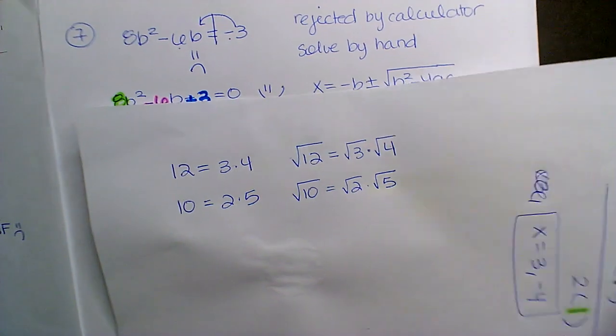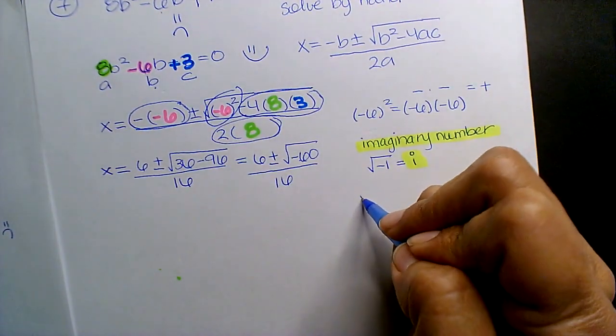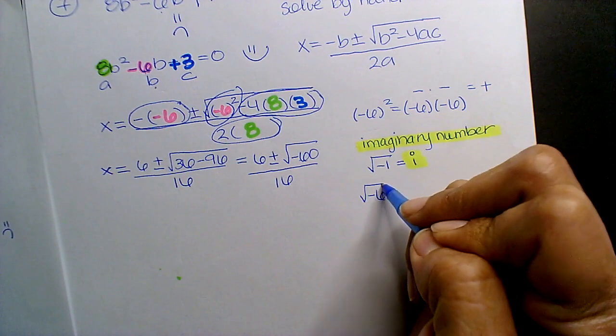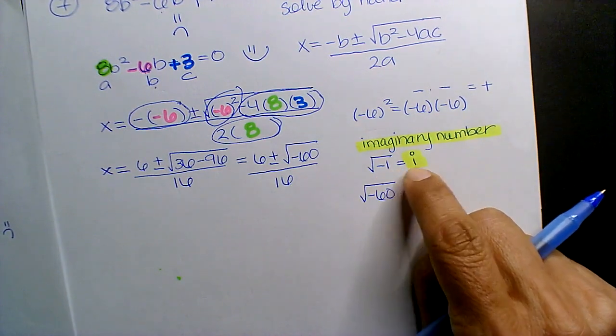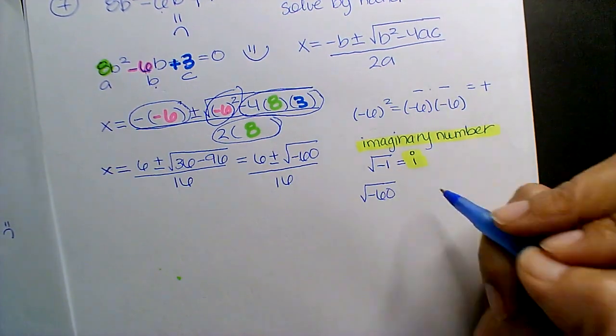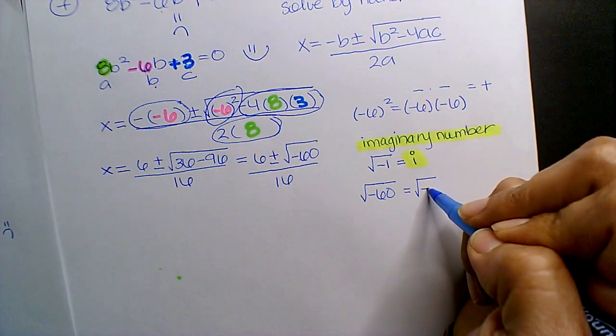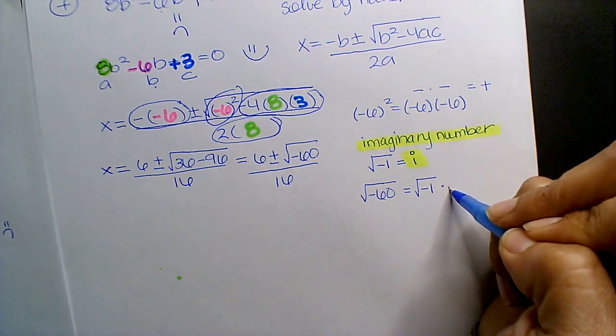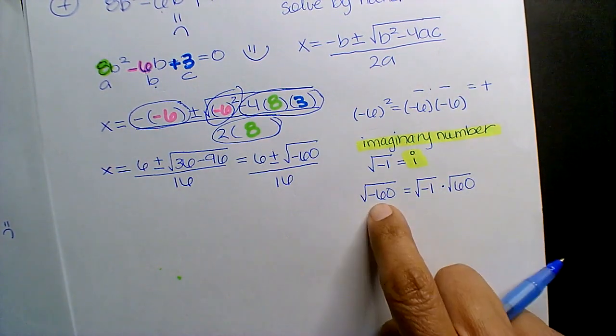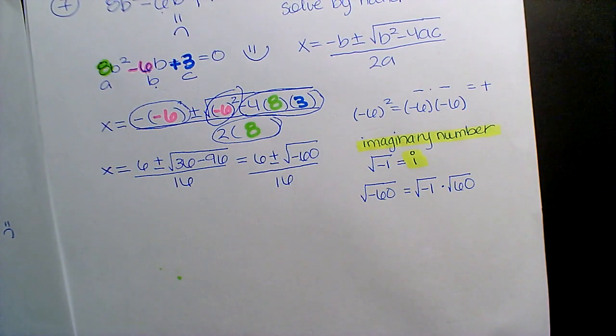So if you guys have rad -60, and you know rad -1 is an I, you can say rad -1 times rad 60 is equivalent to radical -60. Yeah? So manipulate it. Take out the rad.